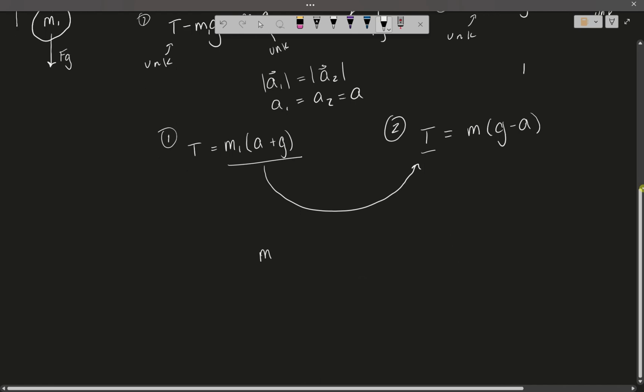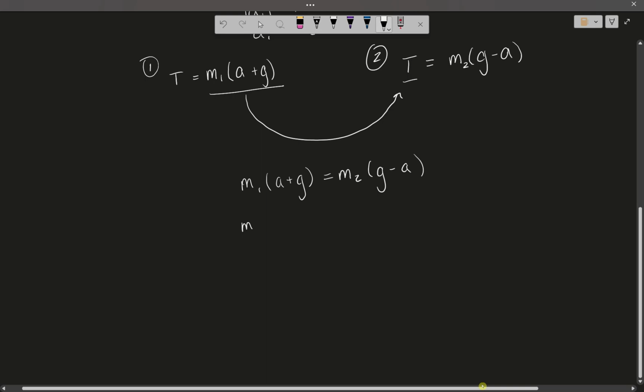So this means that I have m1 times a plus g is equal to m2 times g minus a. It's going to be easier for me to isolate a if I redistribute this. So m1a plus m1g is equal to m2g minus m2a.